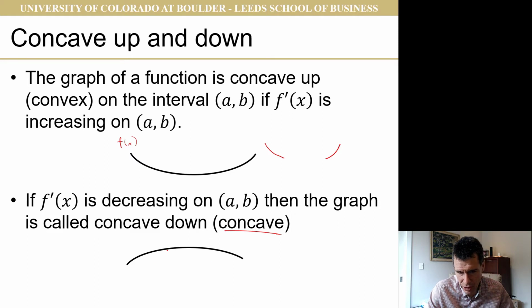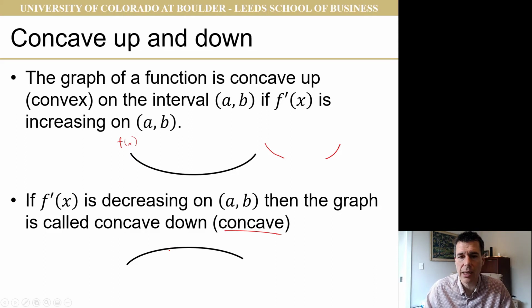The function is increasing, which means f prime is positive, but it's increasing at a lesser rate, so f prime of x is decreasing. And here, f prime of x is negative, and it's getting more and more negative. So f prime of x is decreasing as well. A function that looks like this is concave down, and a function that looks like this is convex, or concave up.